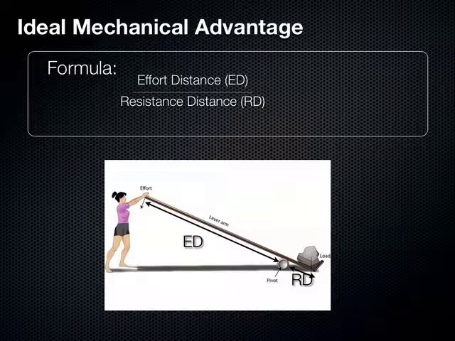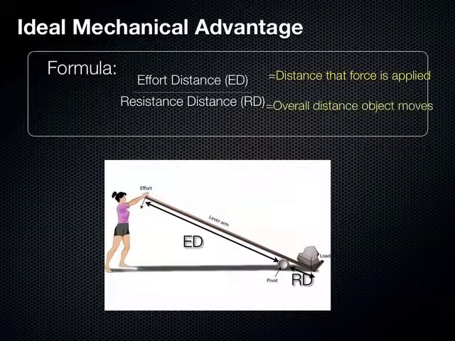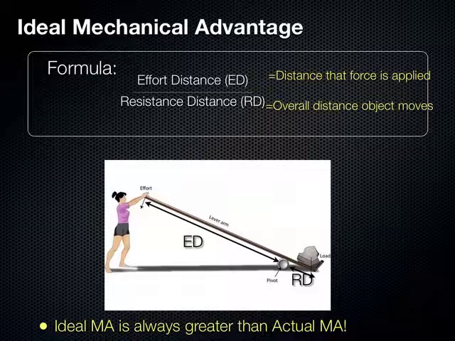Effort distance is the distance I have to apply my force, and the resistance distance is the distance the object's actually going to move. It's important to always know that ideal mechanical advantage is always greater for a machine than the actual mechanical advantage.